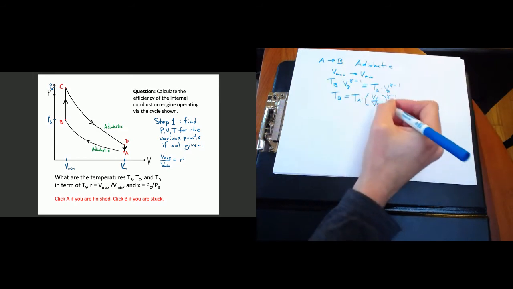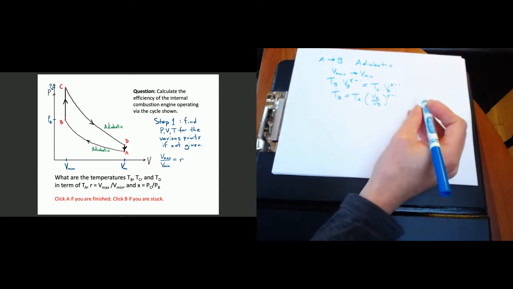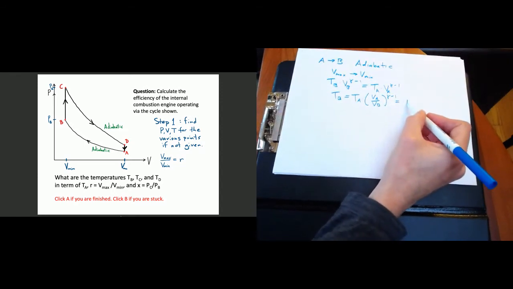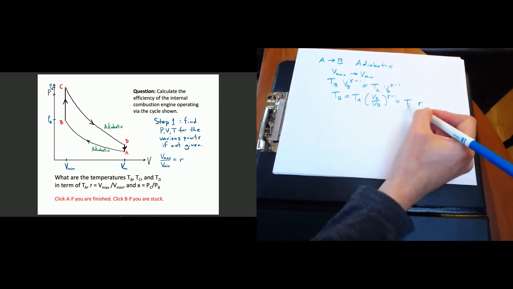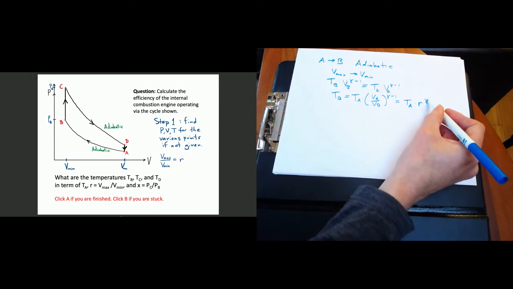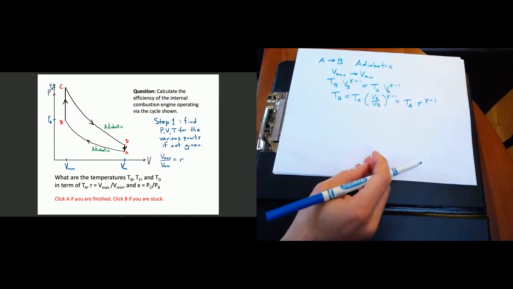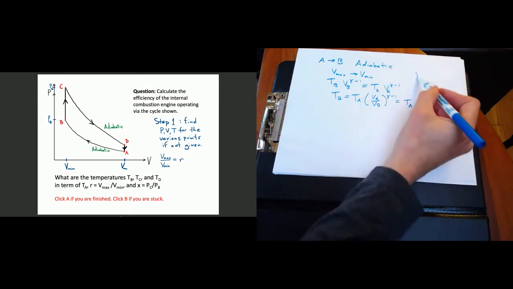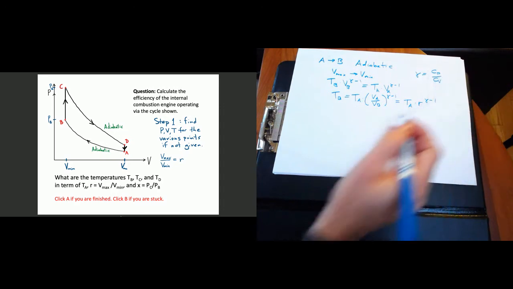And this thing right there is our compression ratio. So VA is V max, VB is V min. And so we can simplify that to say that the answer is TA times our compression ratio R to the gamma minus 1, where we recall that gamma is defined to be Cp over Cv.